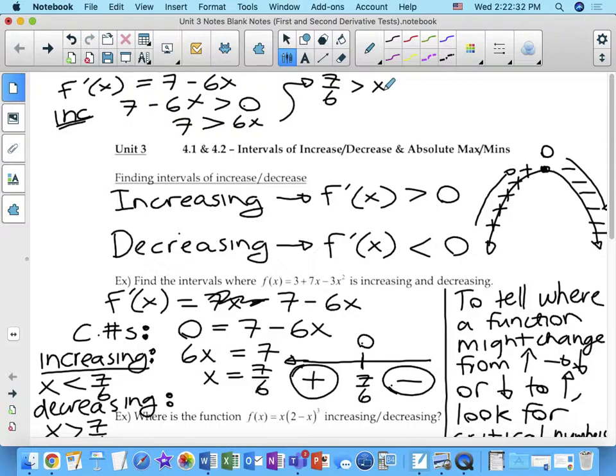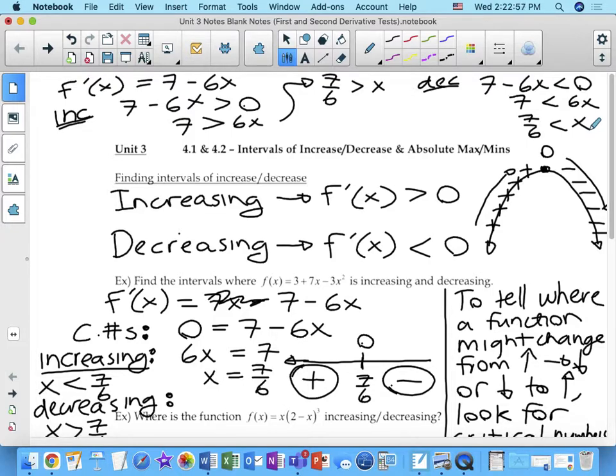Okay, and it's going to decrease when the opposite inequality goes in there, when the derivative 7 minus 6x is less than 0. Right, so we're going to have 7 is less than 6x, which means 7 over 6 is less than x.